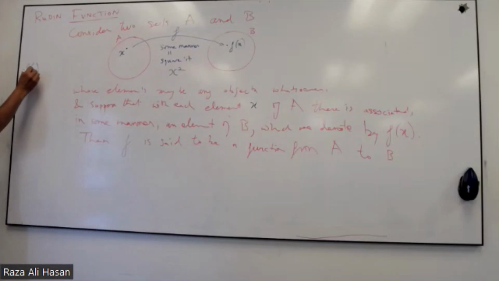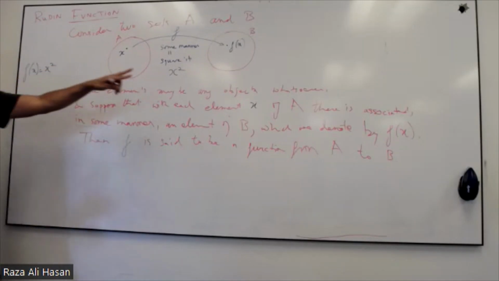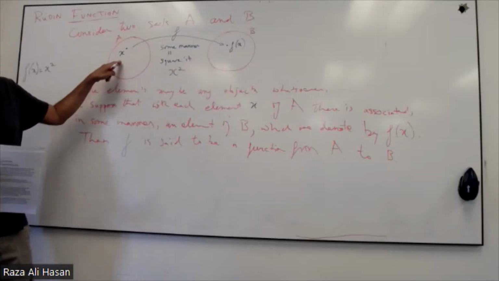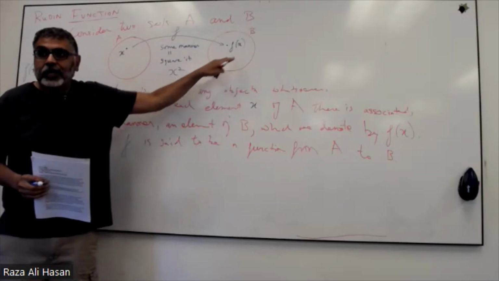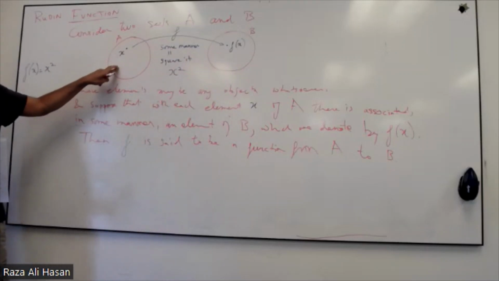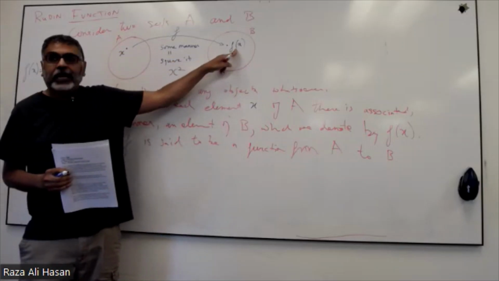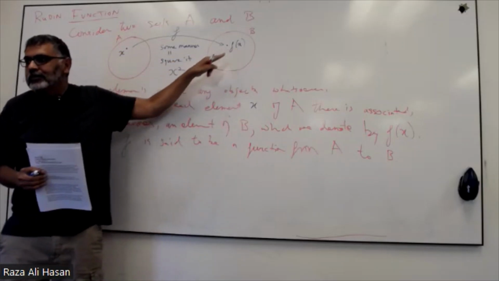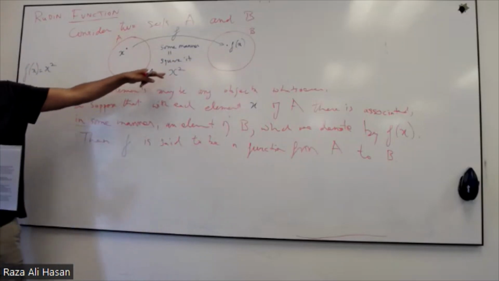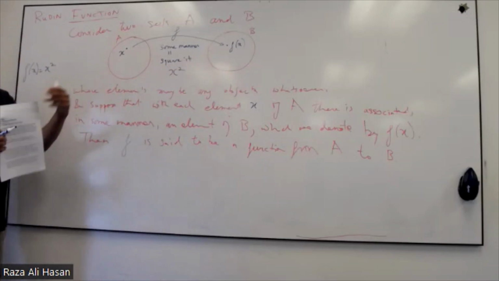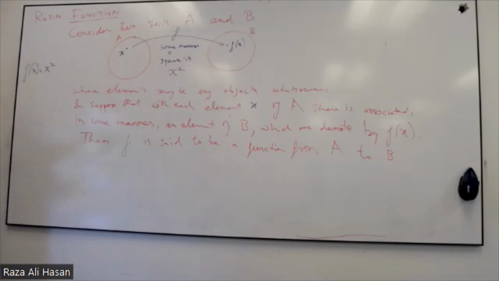F. You stick in 3, for instance, and you get 9 on this side. 3 here is associated with 9 over there. -3 is also associated with 9 over there. Because they both, if you apply this formula, will get you the same value. So this arrow is fine.